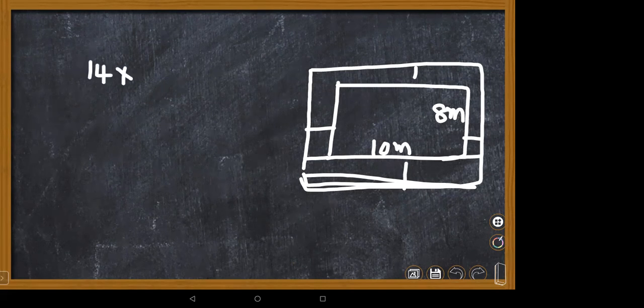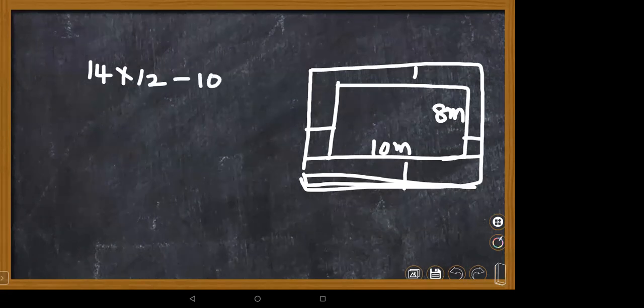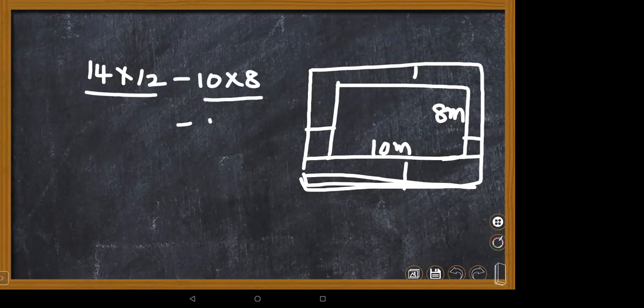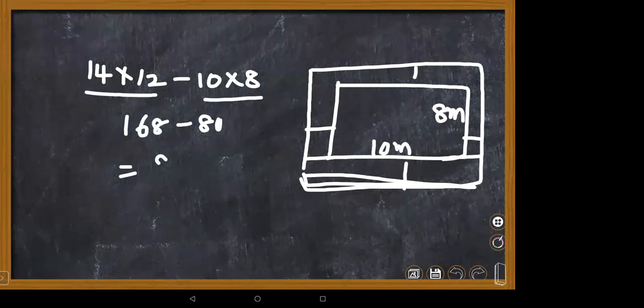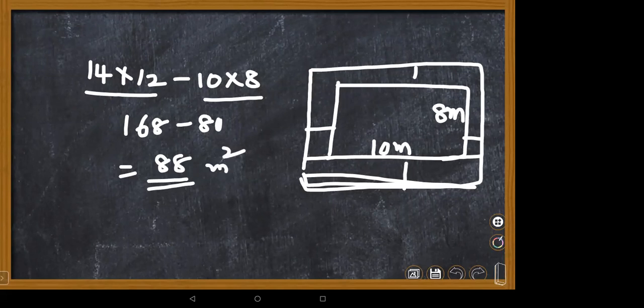Same way, 8 plus 4 is 12 meters. The area of the outer rectangle minus the area of the inner rectangle, 10 into 8, which is 80. 14 times 12 is how much, children? 168. 168 minus 80 is 88. 88 square meters, that's all.